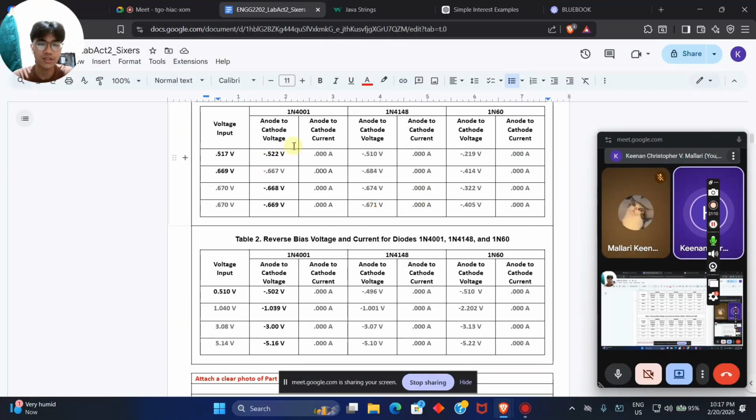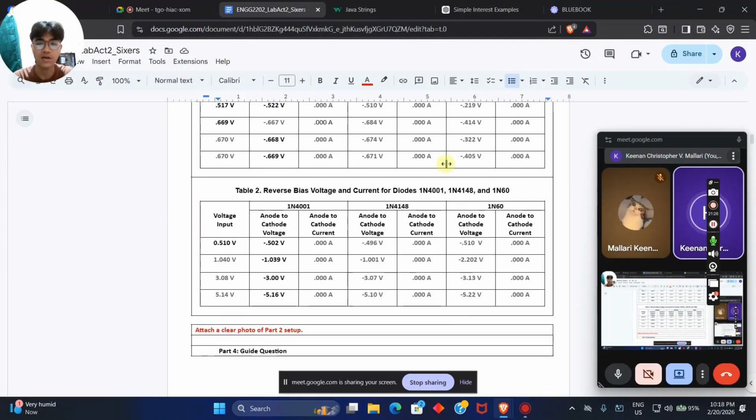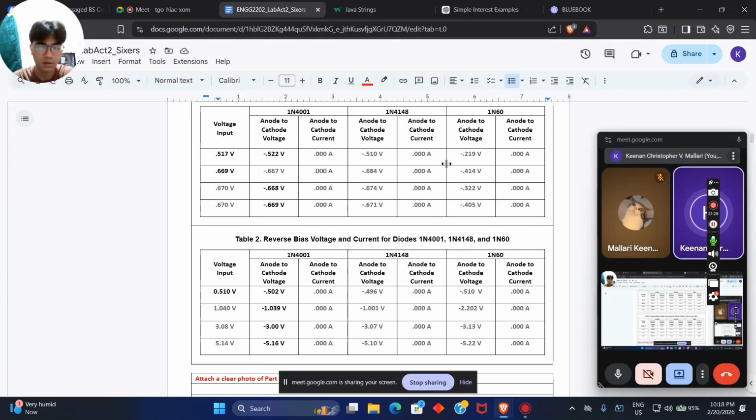All of their readings are negative for the 1N4001 and 1N4148 diodes, and even the 1N60 also showed negative outputs. Even though in our circuitry, the components, everything was right, our readings still showed negative.